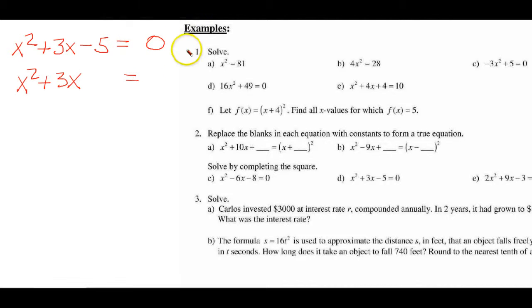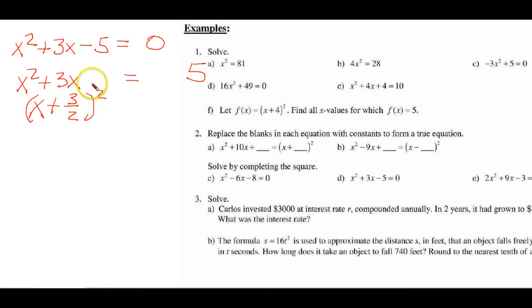We're going to transpose the negative 5, becomes a positive 5. Put our set of parentheses. This is the easy part. The x goes there. This sign goes there. Now what's half of 3? Well, 3 halves.